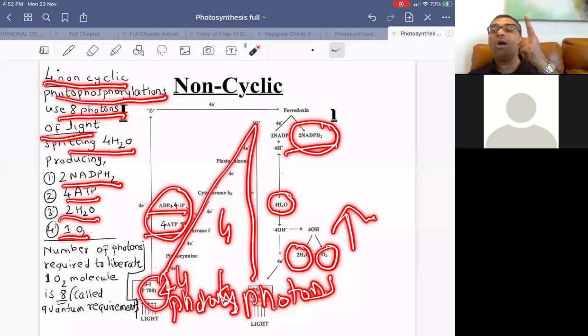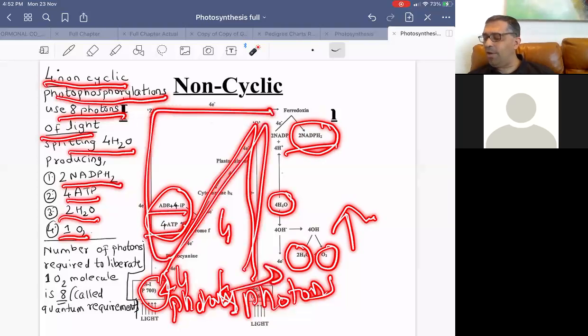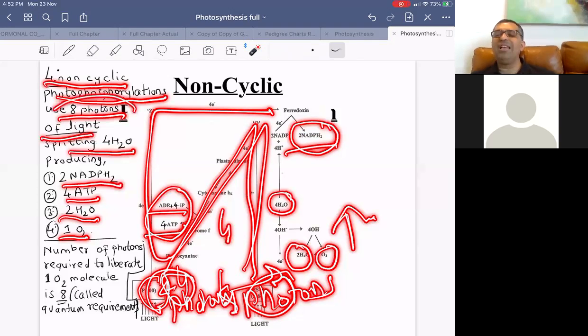8 photons. For one non-cyclic process, we use 2 photons. One for PS2, one for PS1. So for 4 non-cyclic processes, we use 4 photons for PS2, 4 photons for PS1. So a total of 8 photons of light are required.